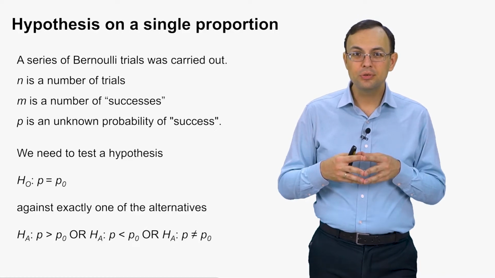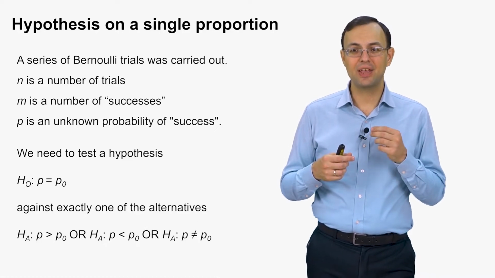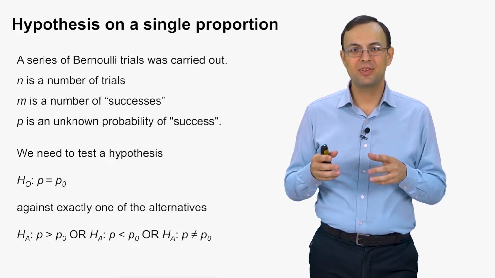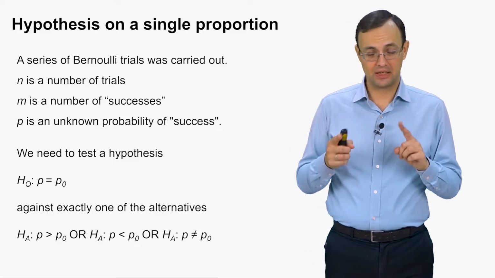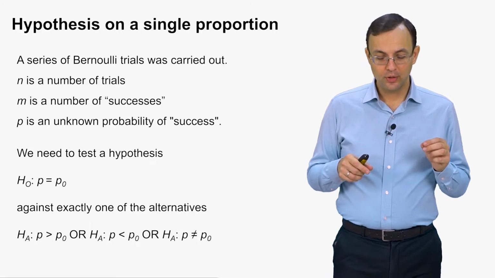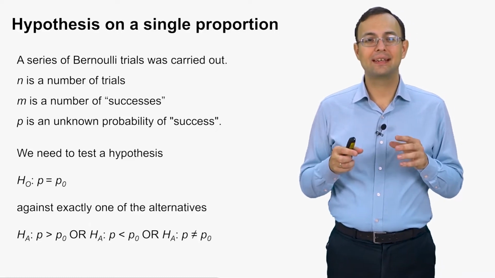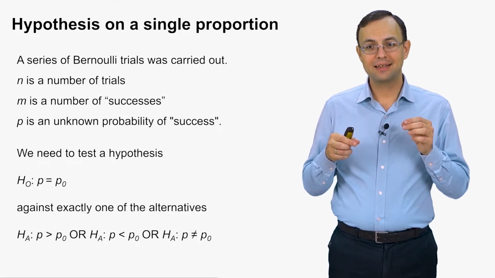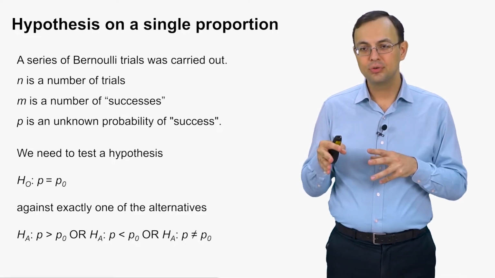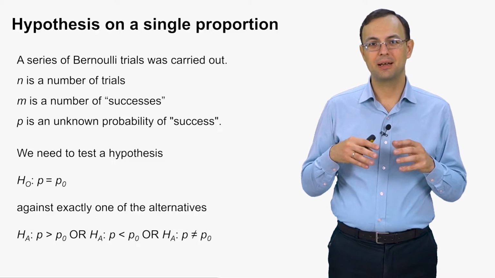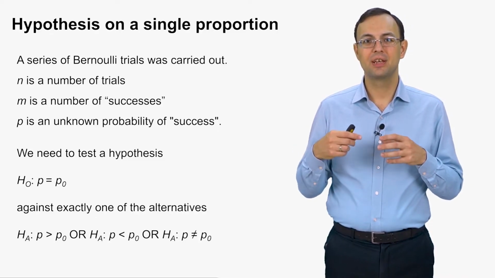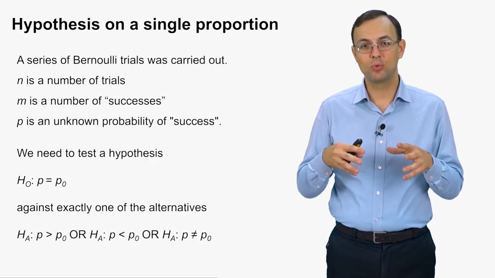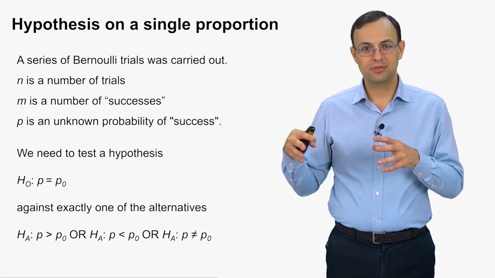More true means that they are not equal, but they are almost equal. Less true means that they are quite different, p and p0. And so when the null hypothesis becomes less and less true, and the alternative one becomes more and more true, the difference between the two parts of the inequality becomes greater and greater.